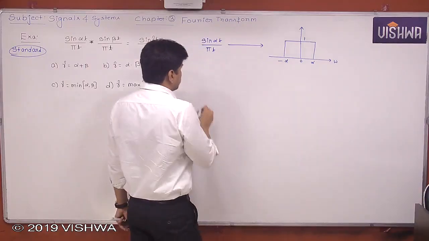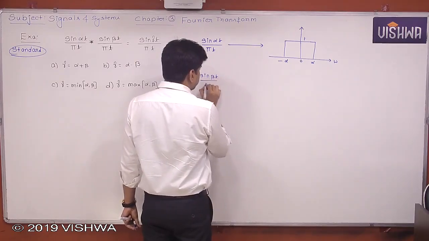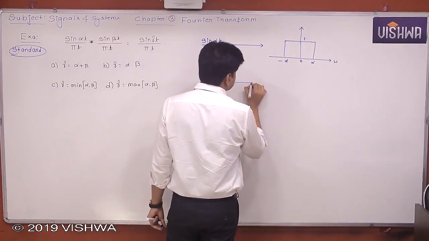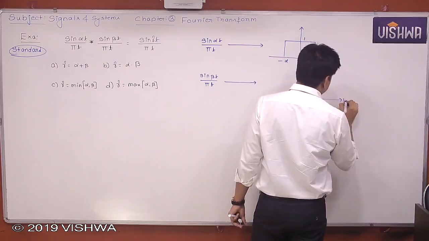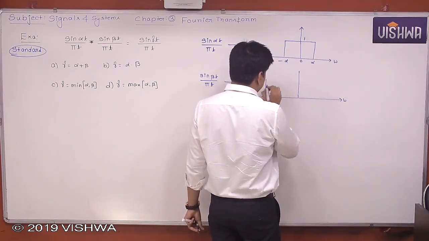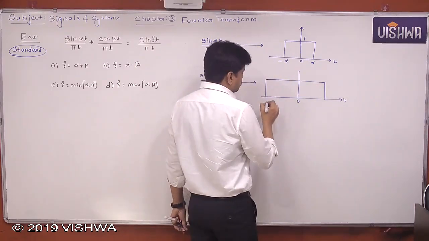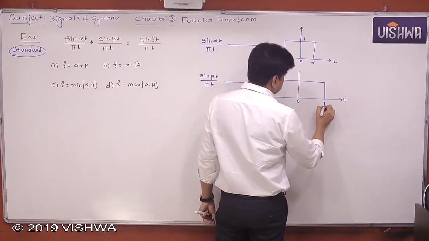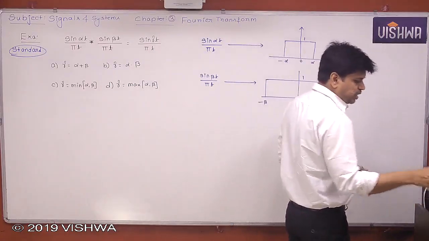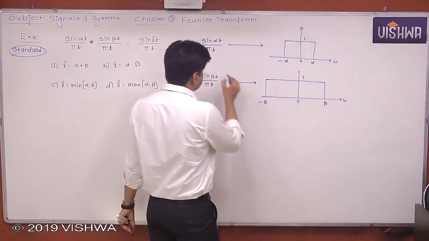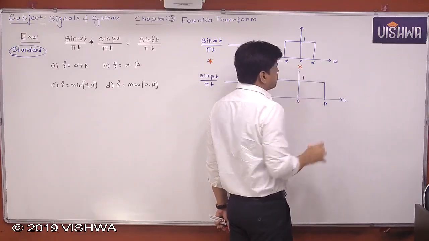Next, we have sin beta t by pi t, with respect to omega. Let's say I intentionally took this beta value to be more than alpha value, with 1 from minus beta to plus beta. We know that convolution in time domain leads to multiplication in the frequency domain.